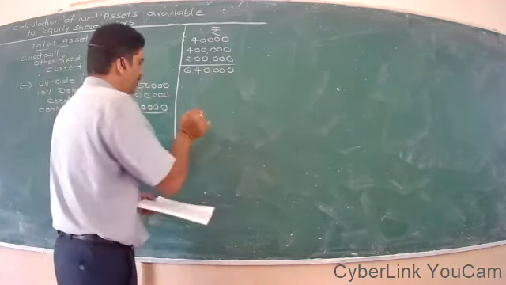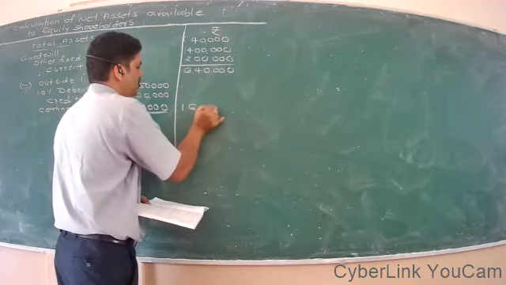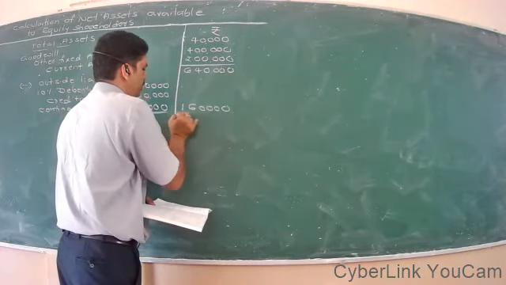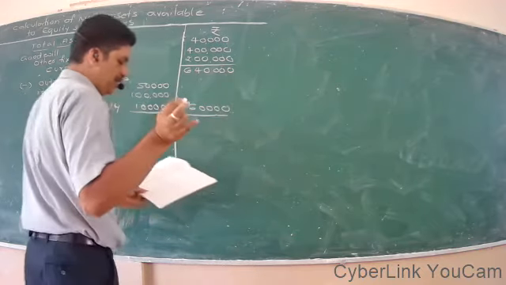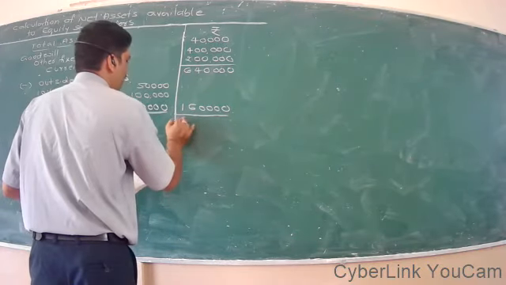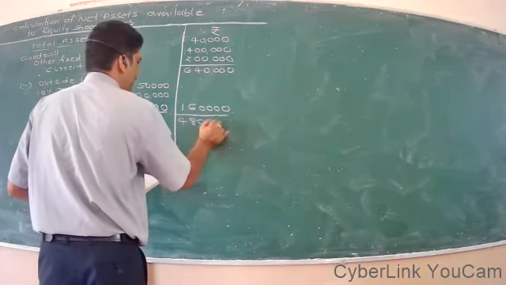So the total is 1,60,000. Deduct it and you will get 4,80,000.